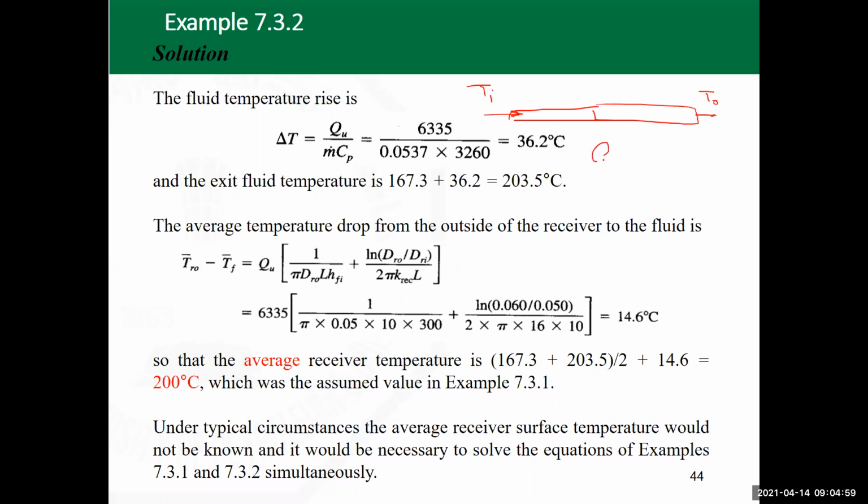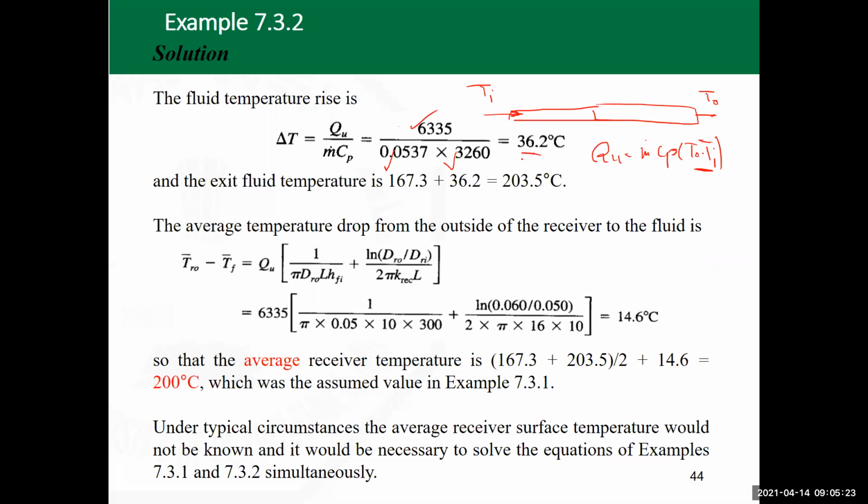And Q useful here is nothing but m dot C_p times T out minus T in. What we are looking for here is this temperature difference. That is Q_u over m dot C_p. This is Q_u as we calculated it, and m dot C_p, so 36. So the fluid has increased by 36.2 degrees centigrade.